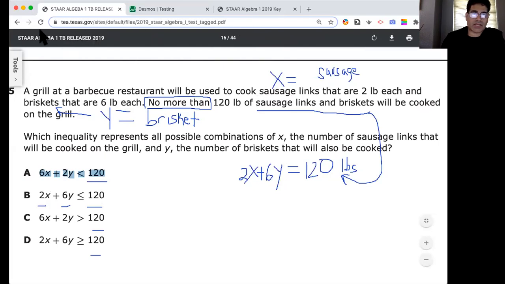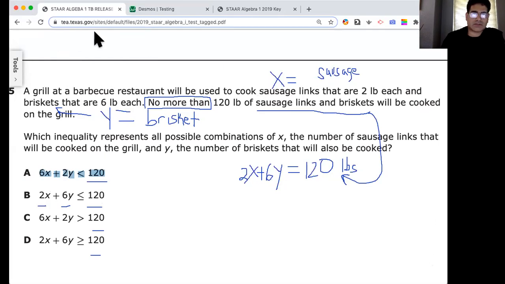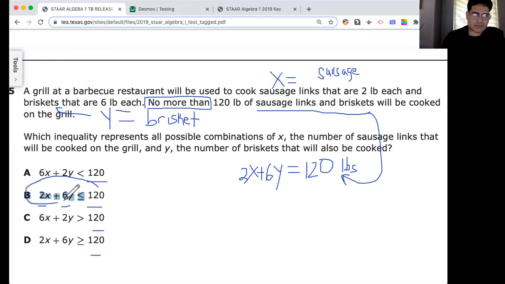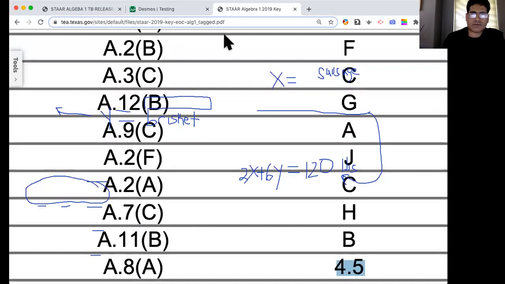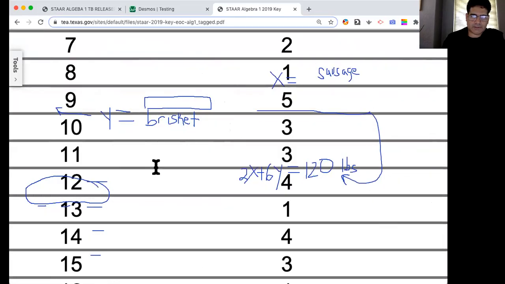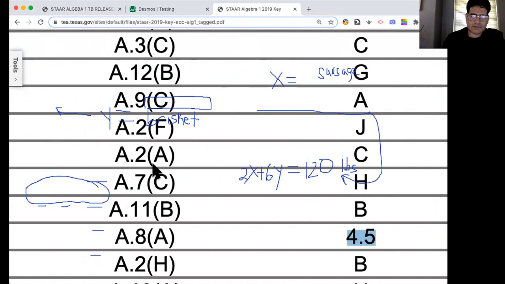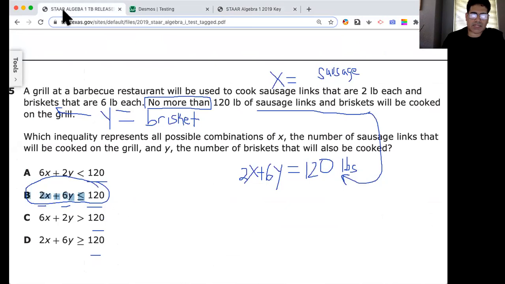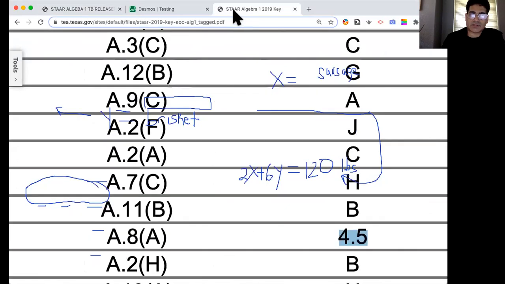Let's choose our answer and see if that's right. Number 15. So B, yeah, 2 times the sausage, 6 times the brisket equals 120 pounds.